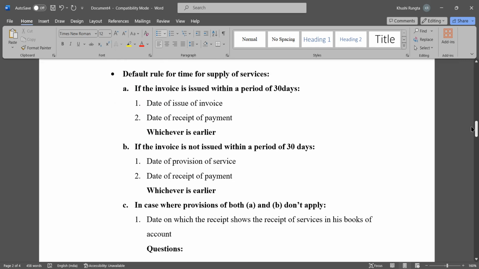Next, we have the default rule for time of supply of services. Okay. In this default rule, we have three conditions. For three conditions, we have different time periods to determine the time of supply. Now, when you're taking a service and if the supplier has issued the invoice within the period of 30 days, then you will see the date of issue of invoice or the date of receipt of payment.